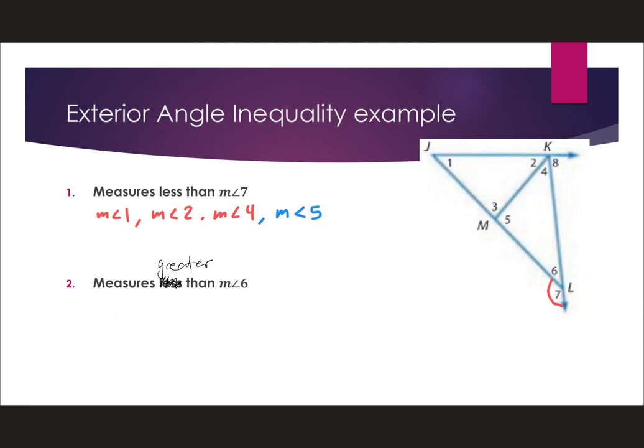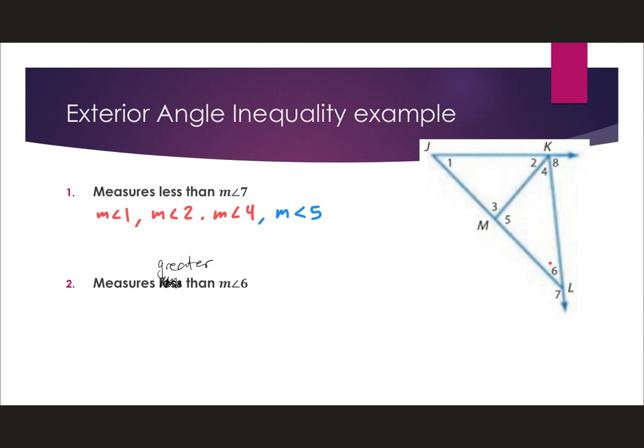Okay. All right, now the next one asks, we want the measures that are greater than the measure of angle 6. So the measure of angle 6 is right here. Okay, so we're going backwards on this one. Instead of figuring out what measures are less than, we're looking now for measures that are greater than. In other words, we're wondering which angle is 6 the remote interior angle for?